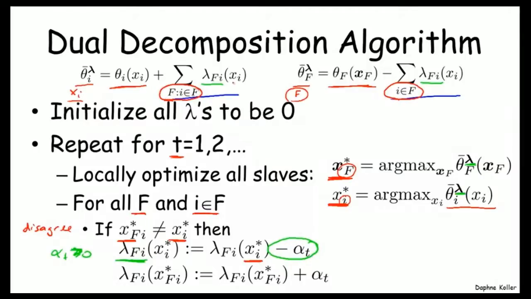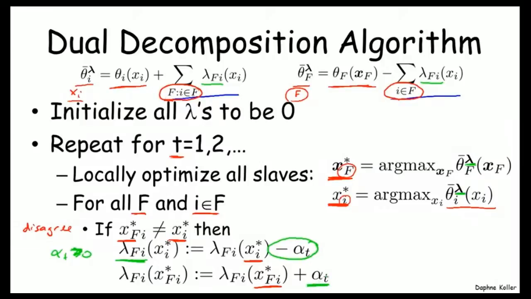If we look at that, we see that it's going to disincentivize the i slave from picking the value that it picked. Conversely, we increase the preference for the value chosen by the f slave, which is this value over here, by the same amount, alpha t.